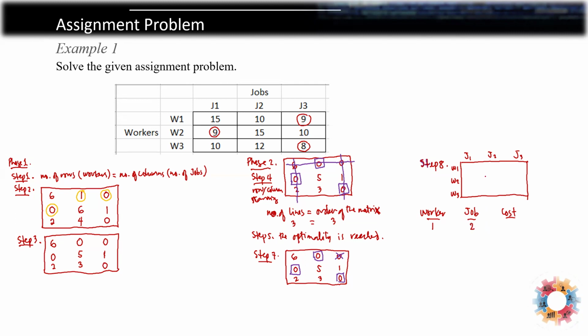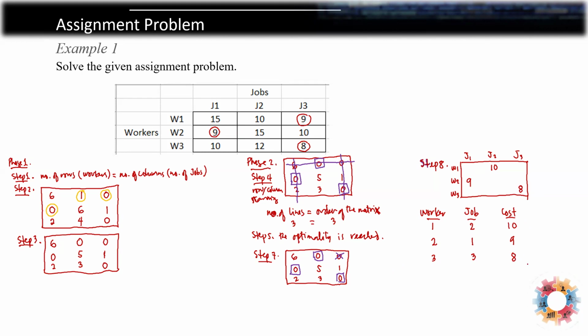And the cost is 10. And then worker 2 is assigned to job 1 and the cost is 9. And then worker 3 is assigned to job 3 and the cost is 8.